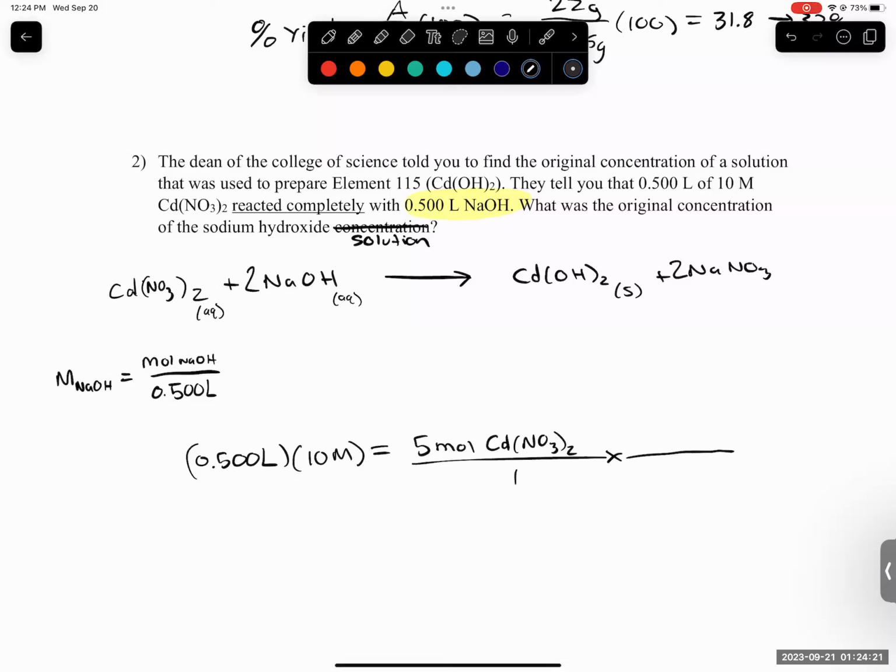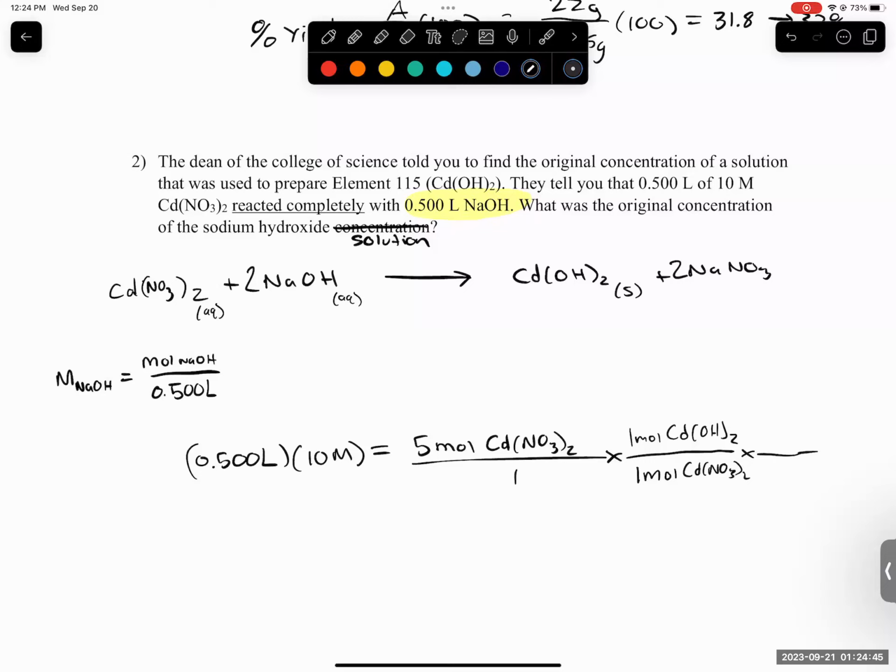And then from here, we just do what we've always been doing for the last few weeks. Couple more days and we'll get into completely new topics. So this ratio is for every 1 mole of cadmium nitrate, there's 1 mole of cadmium hydroxide. I always tell you that you don't have to write this step out if you realize it's a 1-to-1 ratio.